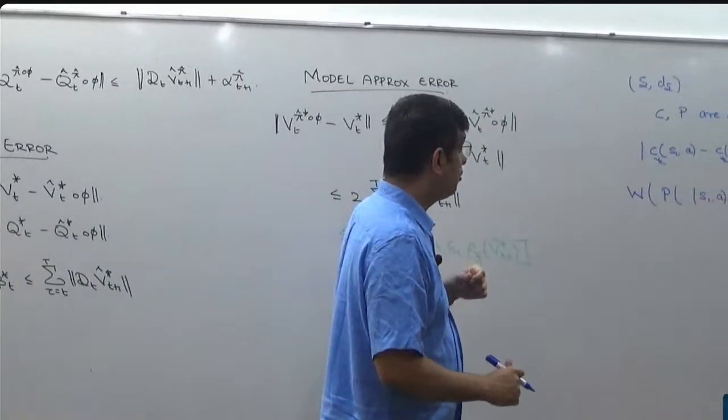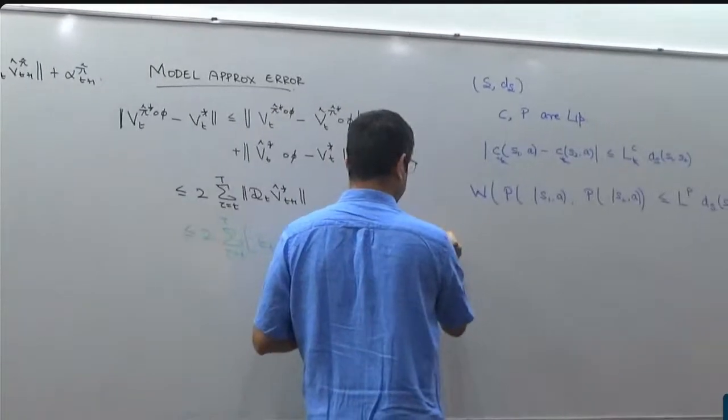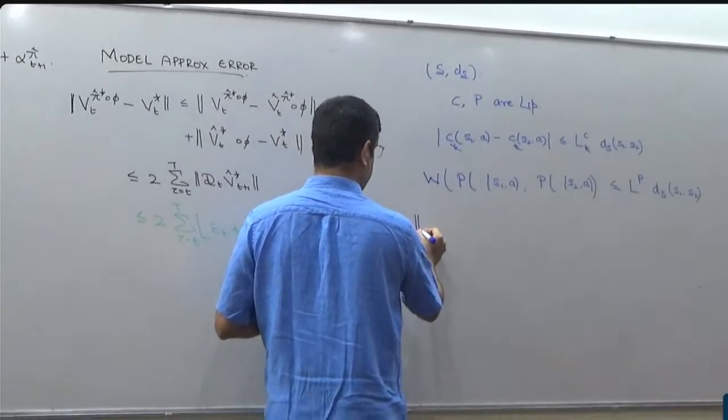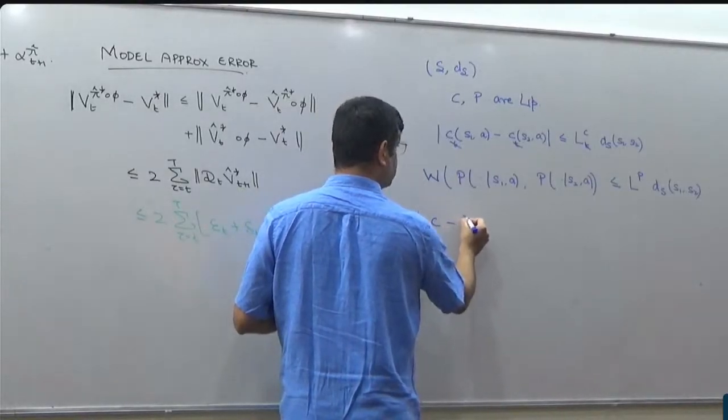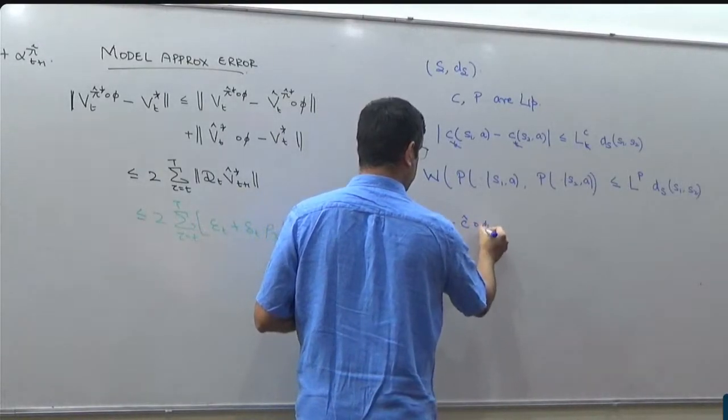So, first thing to observe is, let us look at the worst case distance between C and C hat composed with phi.